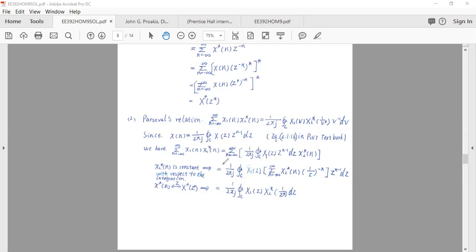Now what we can do is treat the summation of x2 of n conjugate. We can take this term and this term over here and perform the summation of that, right?